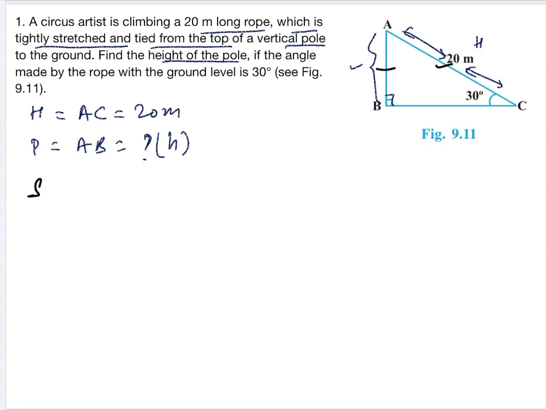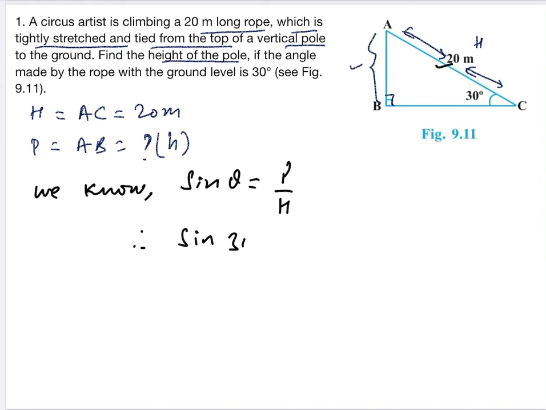First we will write, we know sin theta is equal to P by H. Therefore sin 30 is equal to AB by AC in triangle ABC.